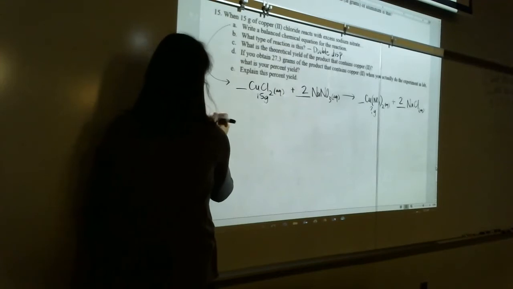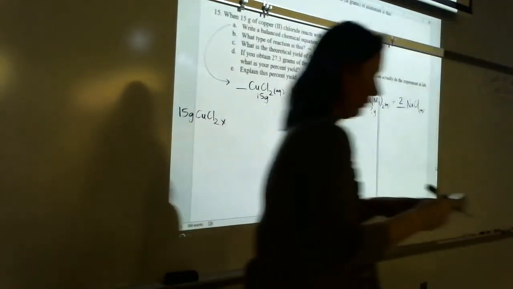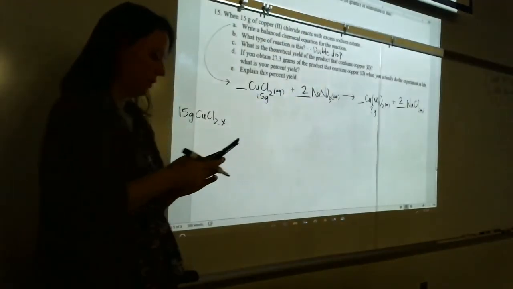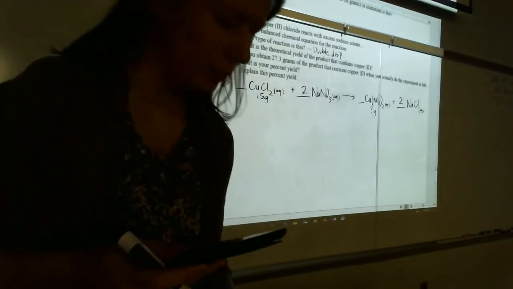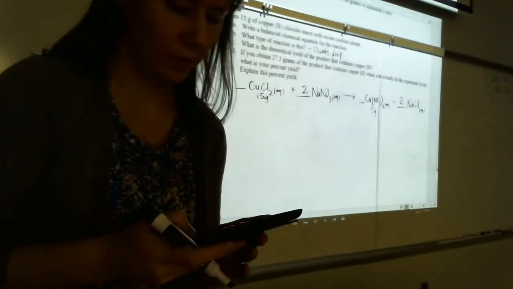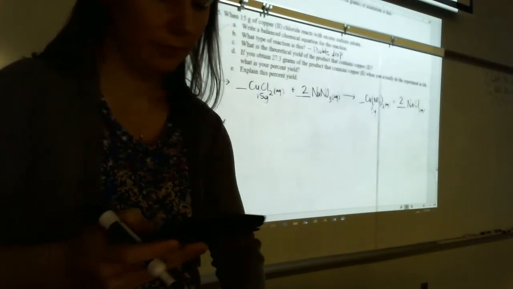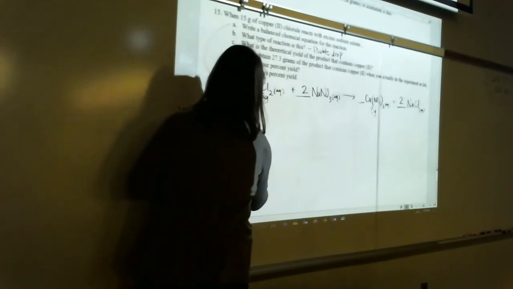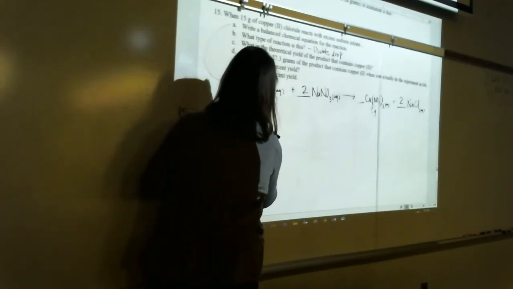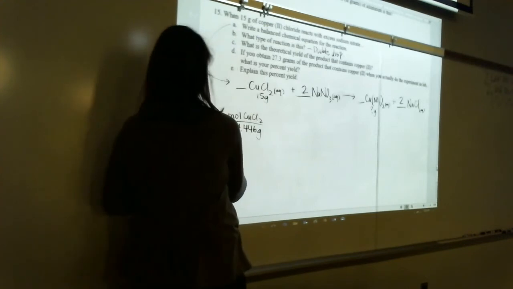So here we go. 15 grams CuCl2, molar mass. I can't remember all the decimal places for copper. 63.546. All right, 134.446. Those cancel.